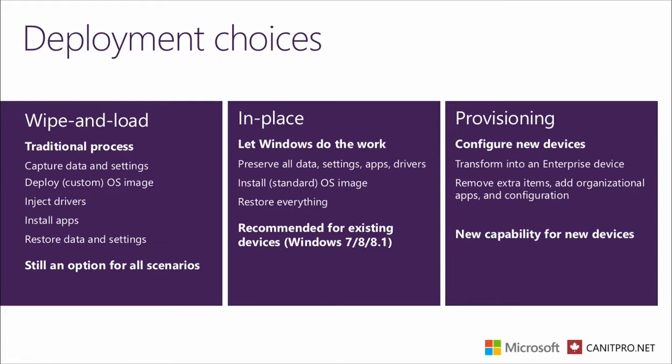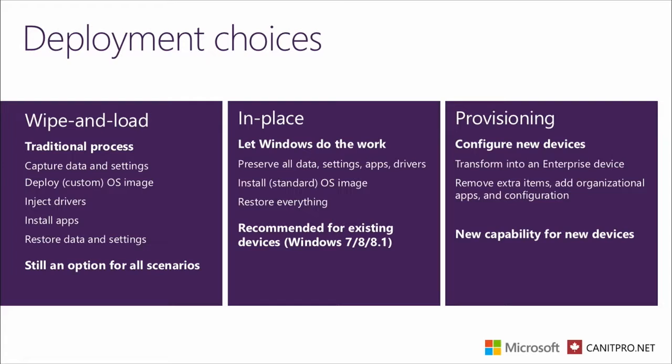However, now we have in-place upgrades, where you're offloading that work to Windows. The Windows setup.exe will start the install, take out all the app settings and everything else, drivers, set that aside, lay down a new OS, and then bring back or merge those apps and drivers into the new installation.